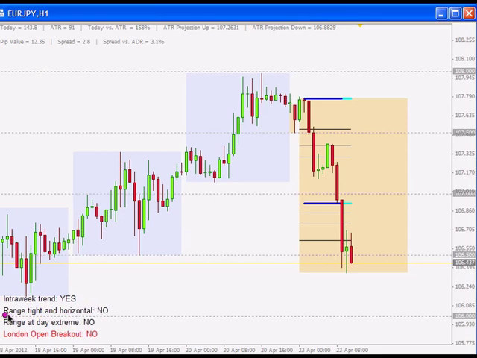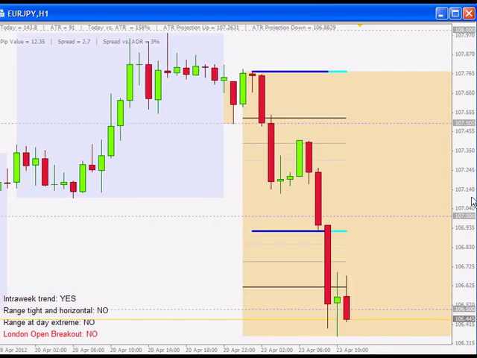Anyway, is the Tokyo range, last night's Tokyo range, tight and horizontal? Well, the indicator marks the Tokyo range with two horizontal blue lines. Let me zoom in a little bit more. There it is.